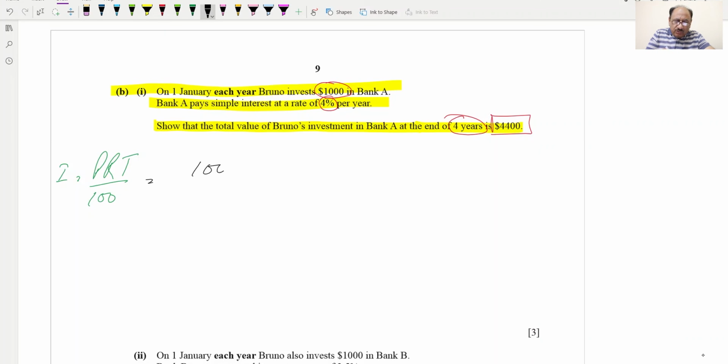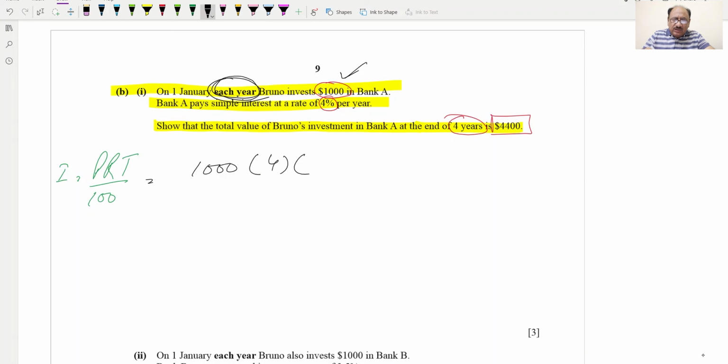So we'll be replacing all these values. P is 1000 into rate is 4%, so 4. Each year, see, this is the twist in the question. Each year Bruno invests 1000.